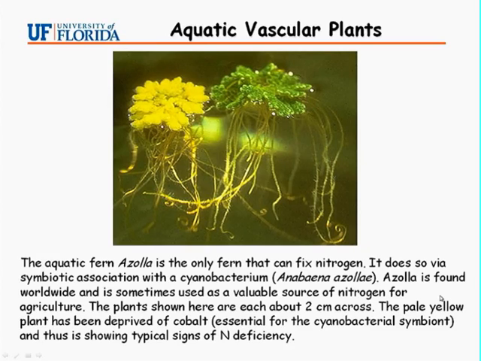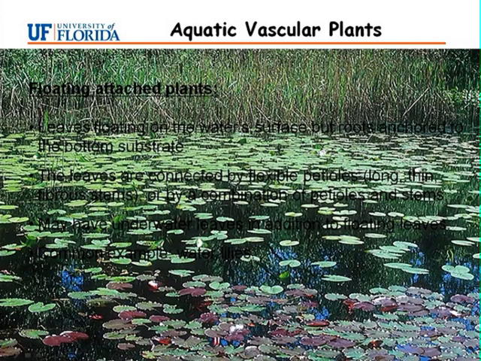And there are some really interesting metal cobalt nutrient requirements associated with the symbiont. If the cobalt is not in the water, it affects the symbiont and then affects the azolla, and they become chlorotic, or their chlorophyll is not as robust. The chlorophyll is not showing up as much in the left azolla as it was in the right. So other pigments are now showing through in that unhealthy plant because of the lack of cobalt.